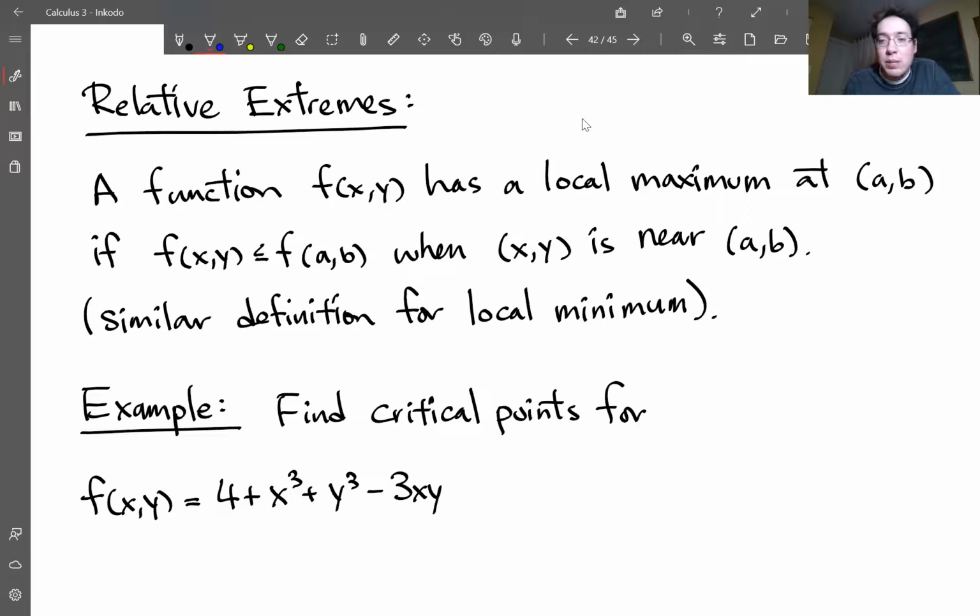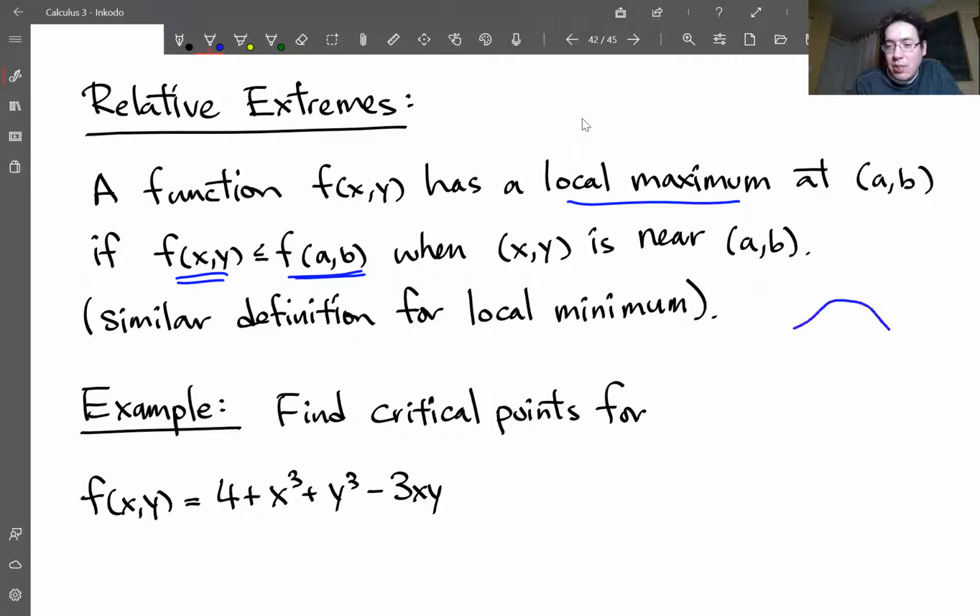Okay, so some terminology here. We want to talk about relative extremes. We say something is a local maximum where the value of the function at (a, b) is greater than or equal to all nearby points f(x, y).